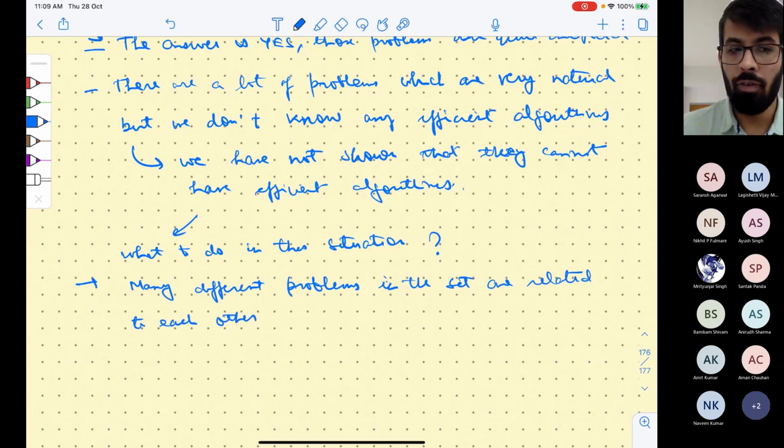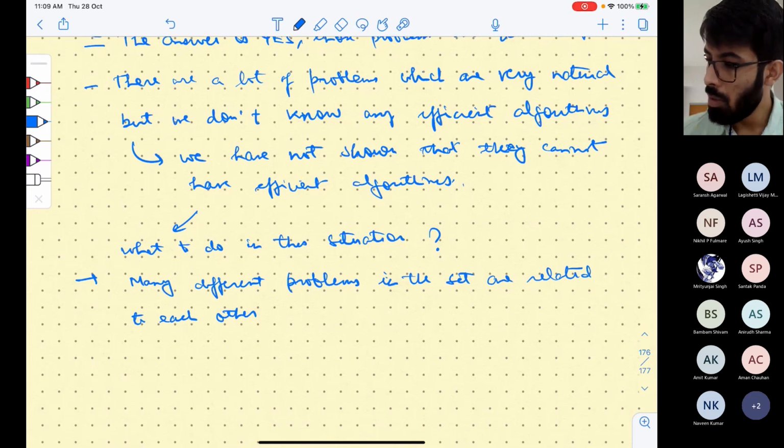Again, this is a very rough outline of what we are going to see, and then we will flesh out the details: what do we mean by these problems, what do we mean by they are related to each other, and so on. This is just to give you a bird's eye view of what is going to happen.